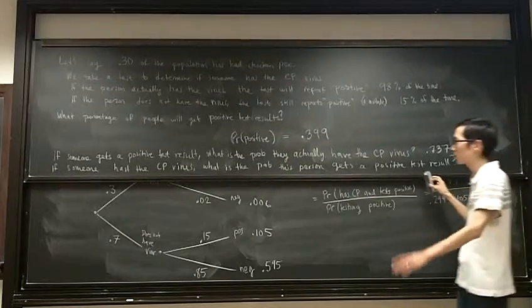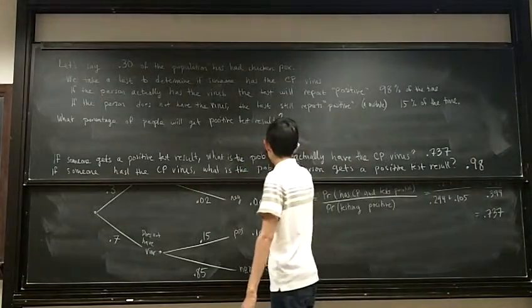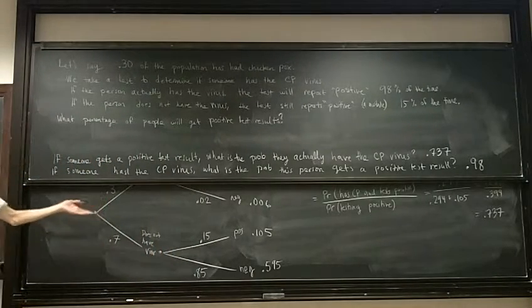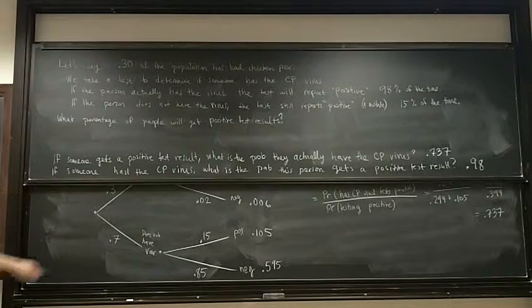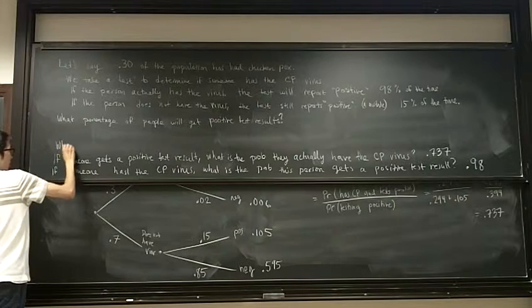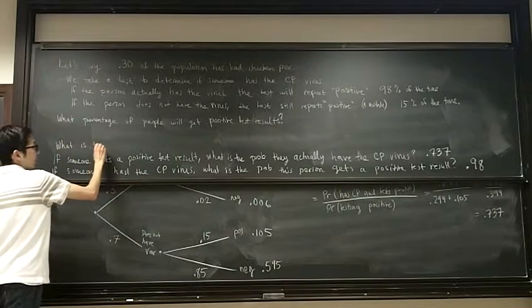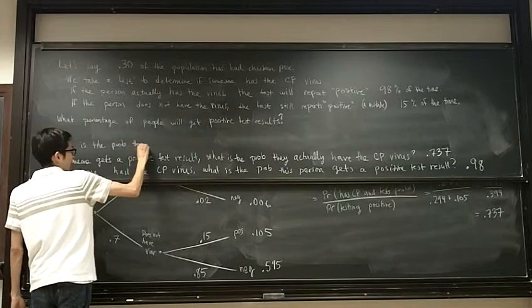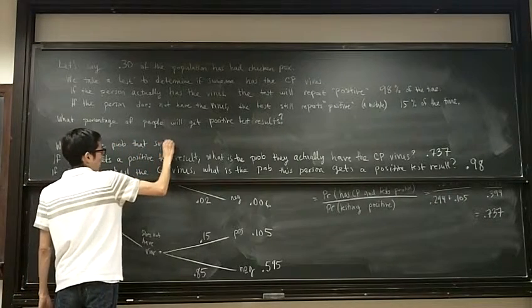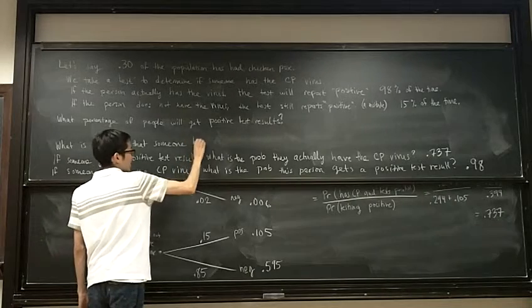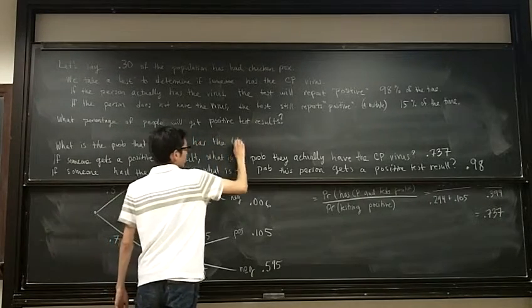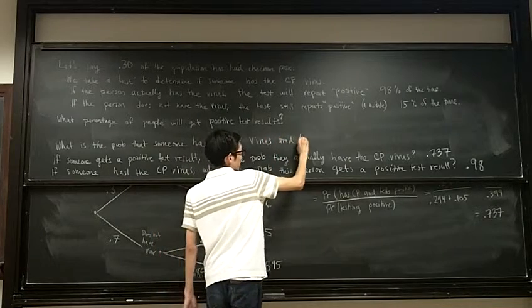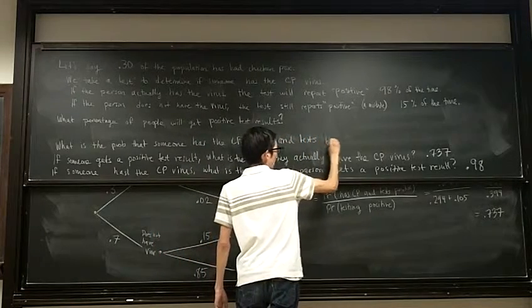And then just also to further differentiate, the other question that also looks similar but is very different is: what is the probability that someone has the chickenpox virus and tests positive?